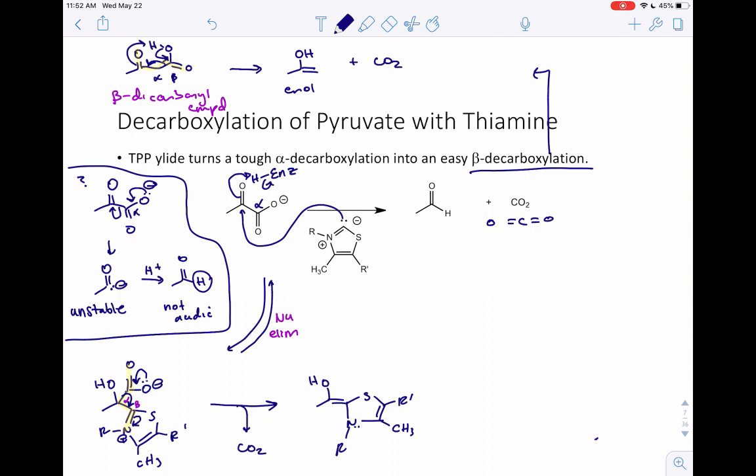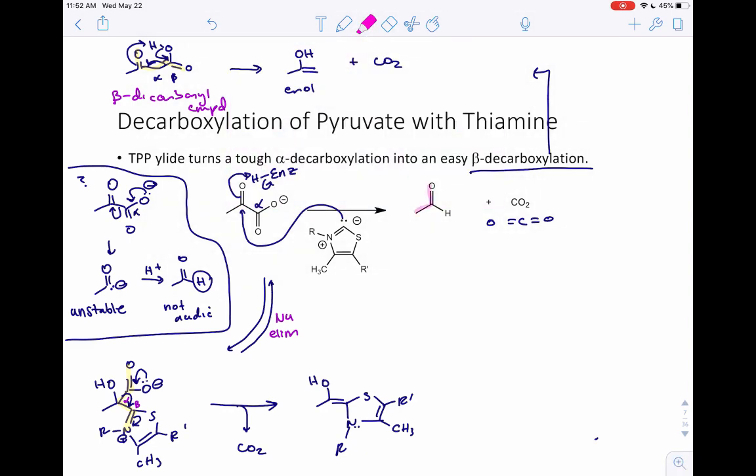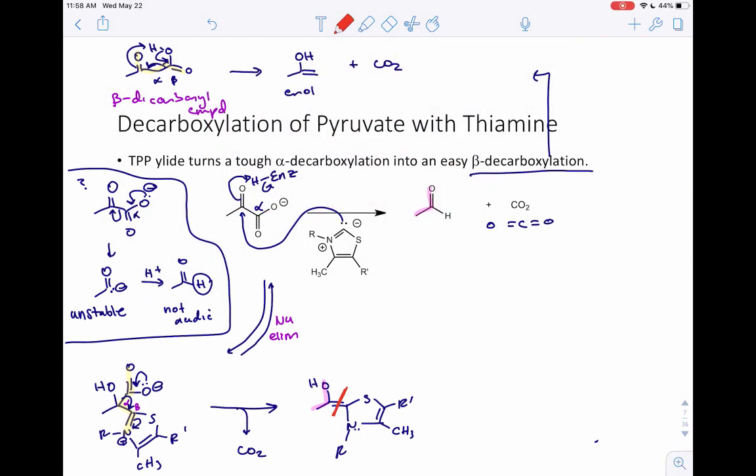All right, now we're trying to get acetaldehyde. Look at our product. How do we get acetaldehyde? Well, it's these two carbons. So clearly we're going to need to break this bond. We also need to install this proton. So we need to somehow make a bond with hydrogen here. Now, if I'm looking at the functional groups, I can see that I do have an enol.